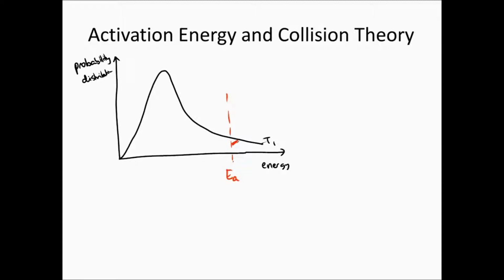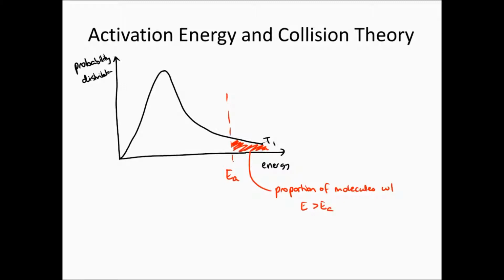So I've shaded here the proportion of molecules with energy greater than the activation energy. And it's only with those molecules, if you have a collision with the appropriate orientation, that it would react.